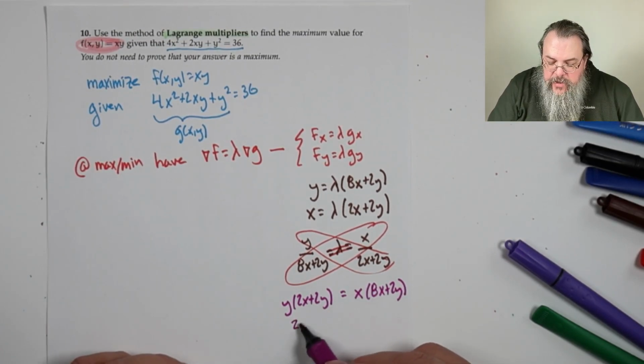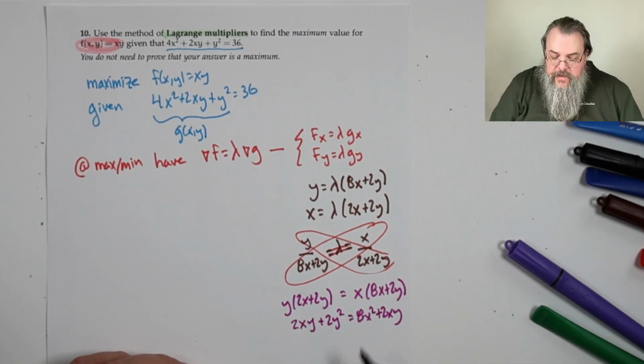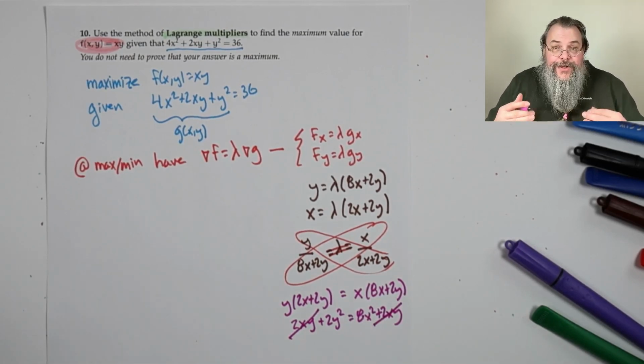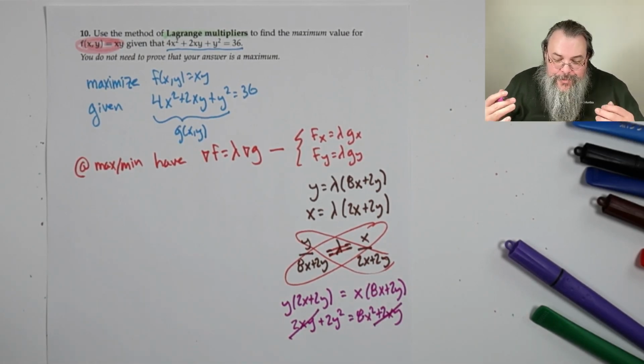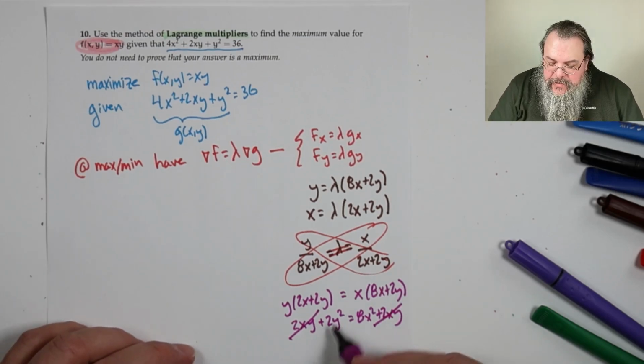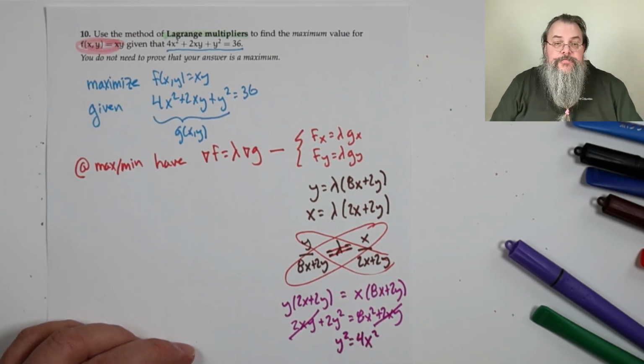We get 2xy plus 2y squared equals 8x squared plus 2xy. The 2xy's cancel, almost like we want you to have a chance. Well, we do. We want you to have a chance. And we can even divide by 2, and so we get that y squared equals 4x squared.